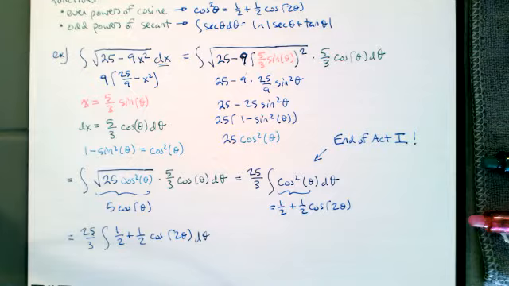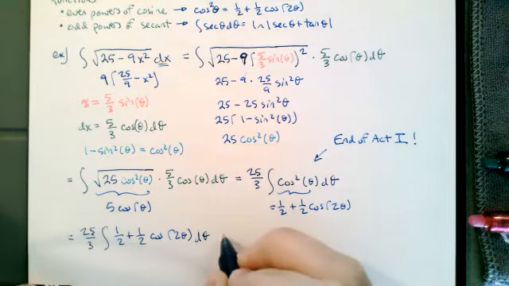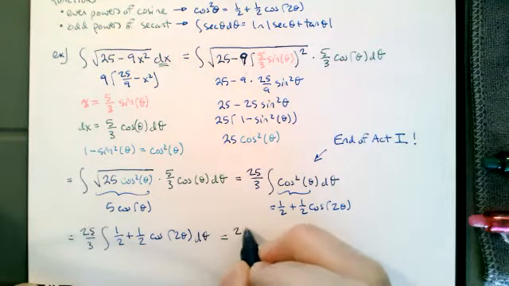The reason that we make this replacement is that integrating a half plus a half cosine of 2 theta is much easier than doing parts on cosine squared or some other shenanigans on a cosine squared.